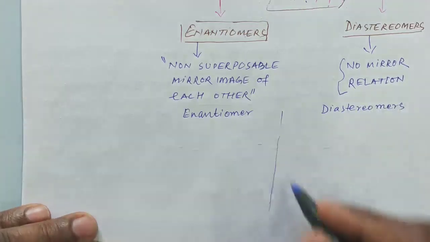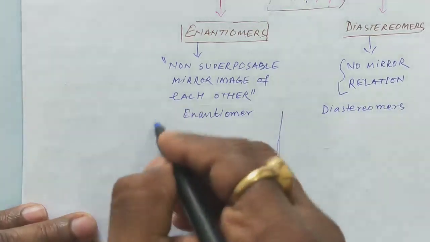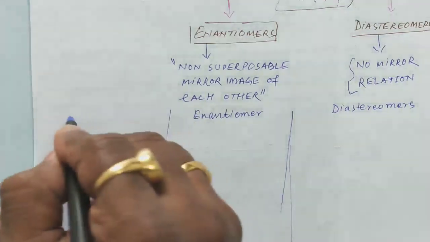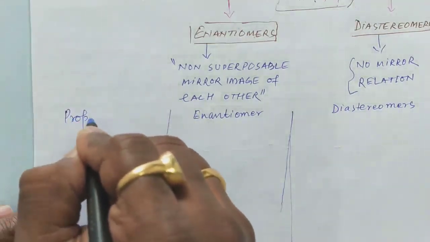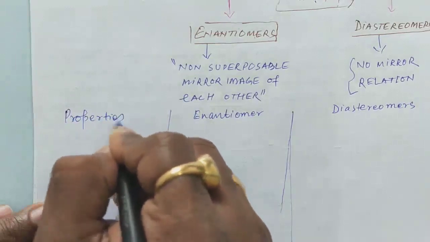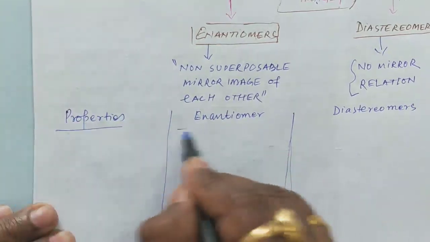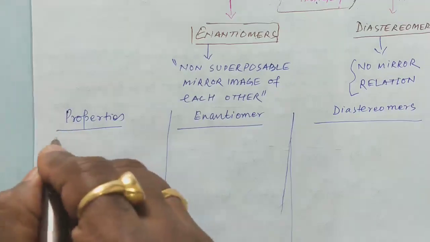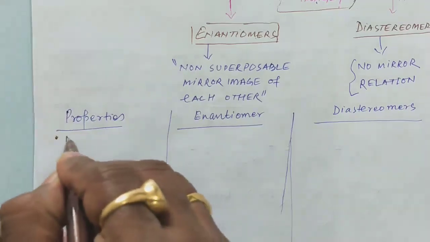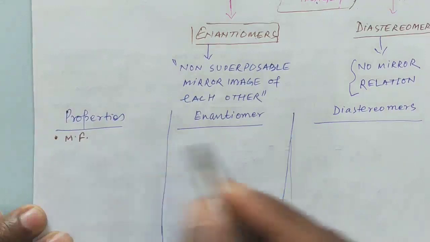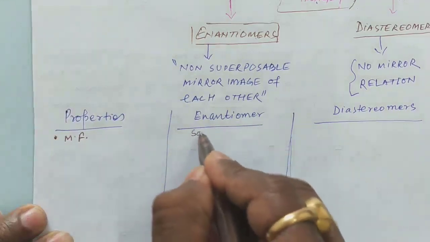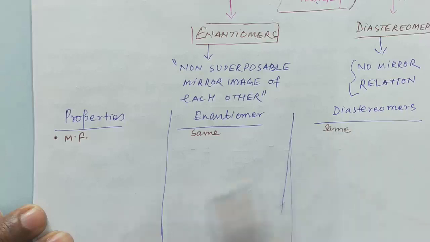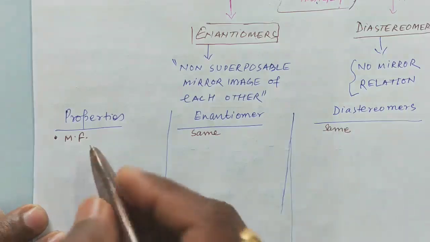Here we can take the properties of enantiomers and diastereomers. Molecular formula: enantiomers and diastereomers have the same molecular formula.